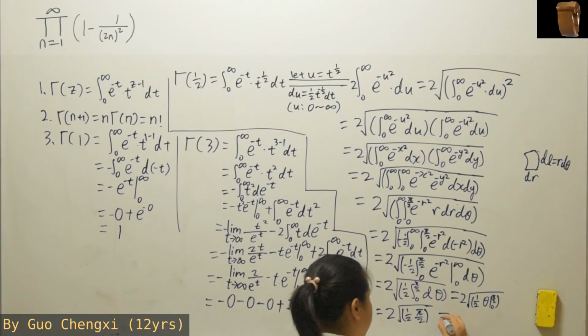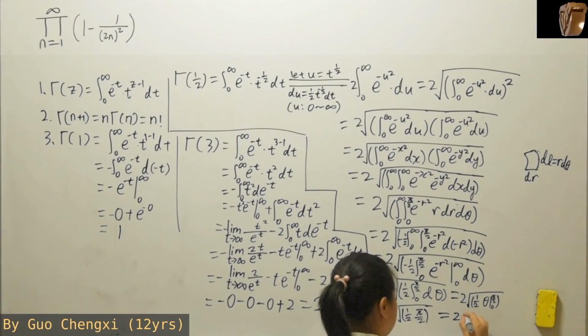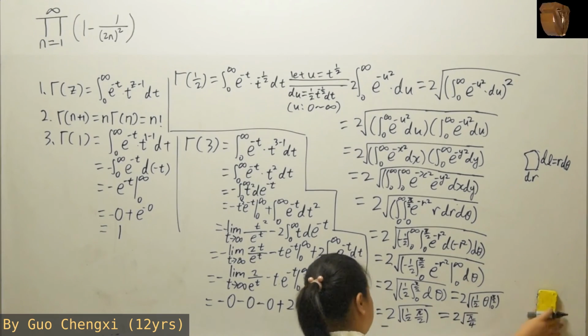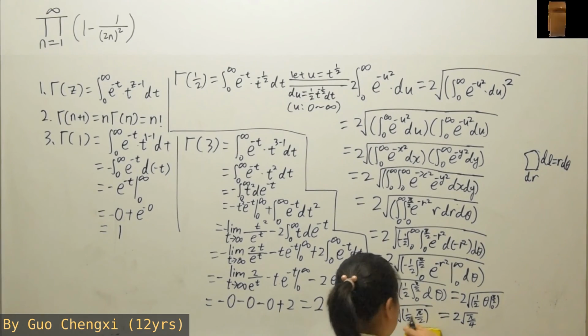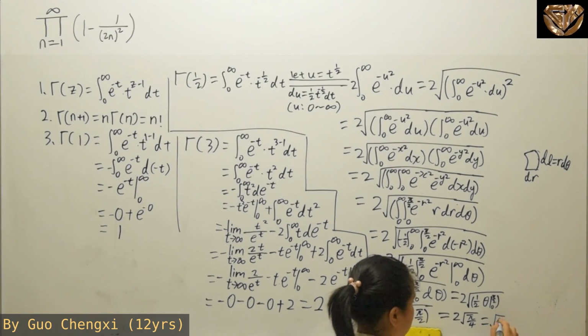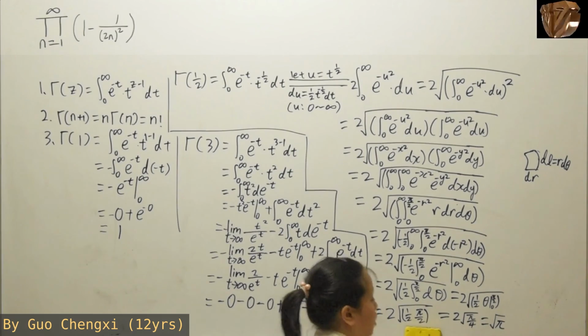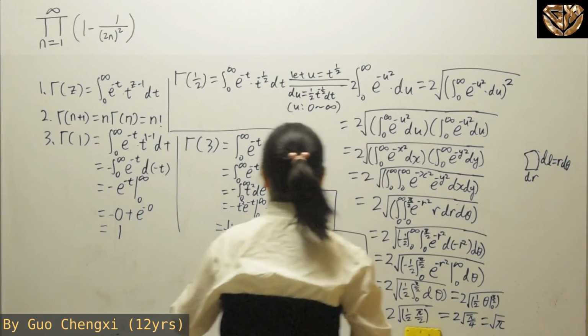And then what you have here is 2 square root pi over 4, so you can put the 2 in, which you will get square root pi.